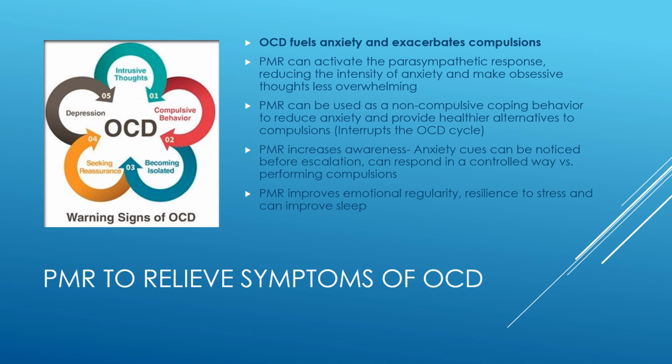As I said before, PMR can activate the parasympathetic response. This can reduce the intensity of anxiety and make obsessive thoughts less overwhelming. Progressive muscle relaxation can be used as a non-compulsive coping behavior to reduce anxiety and provide healthier alternatives to compulsions. Basically, it interrupts the OCD cycle.